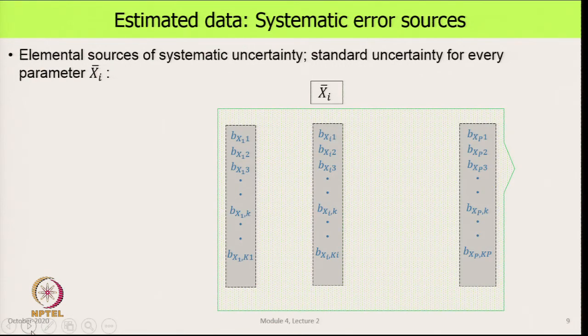Now, we come to the other part, which is the systematic error sources. And in this, for each measurand, say in this column this is x1, we have already listed every elemental source of systematic uncertainty.